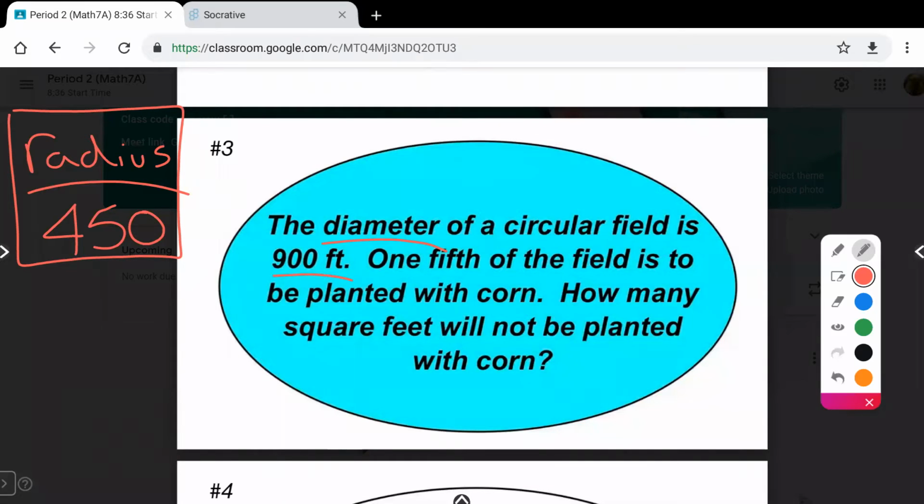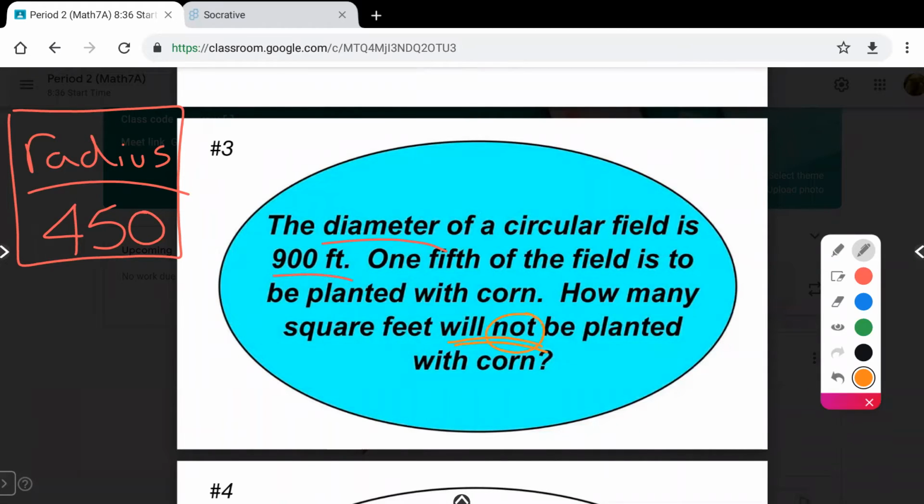The next part of the information here is it says 1/5 of the field is to be planted with corn. So 1/5 of the field is planted with corn. That means 4/5 of the field is not to be planted with corn. The question they're asking you is how many square feet will not, I sure hope you caught this right here.